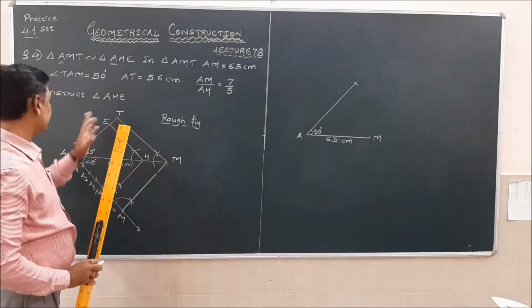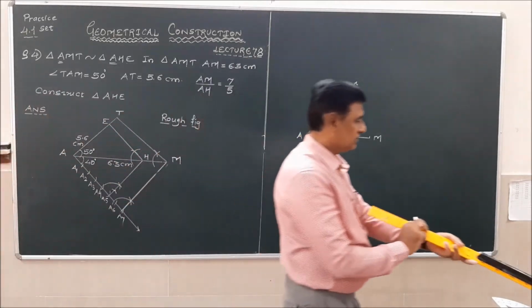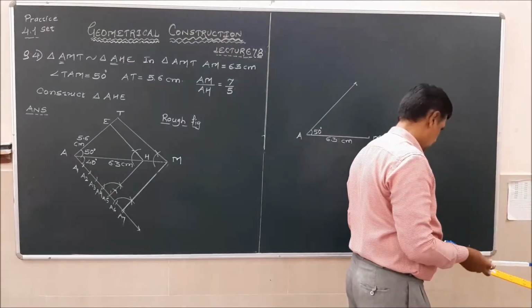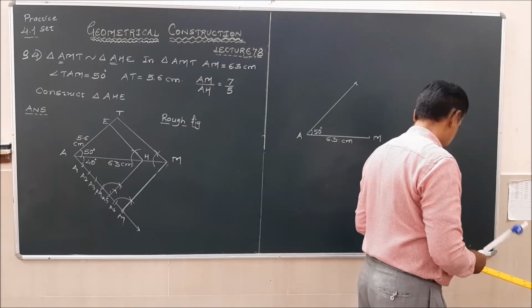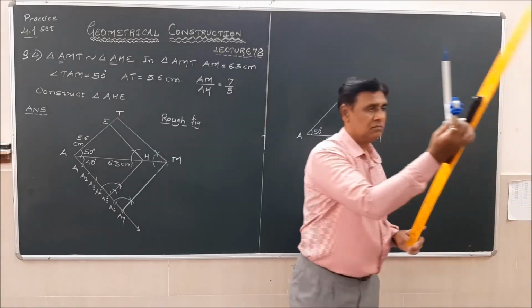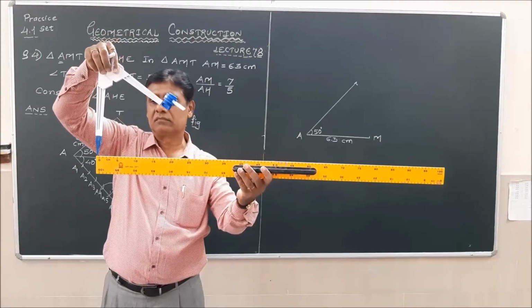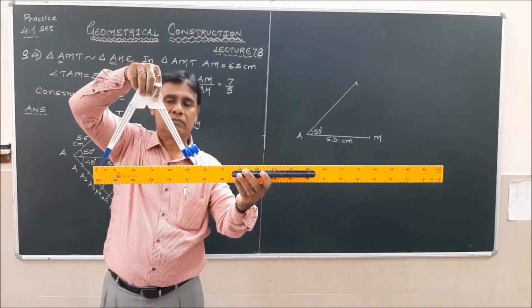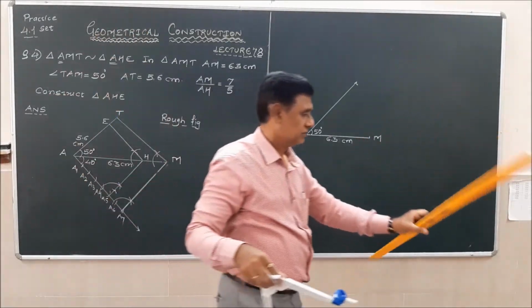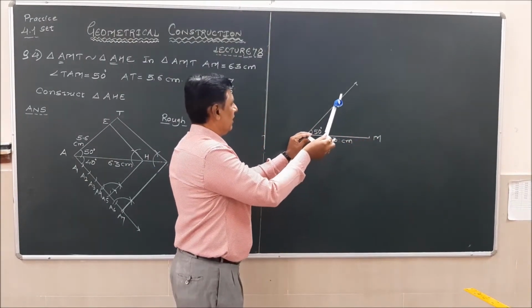Now we have to plot point T. Distance AT is 5.6. Taking the distance from 0 to 5.6, placing the metal point on A, drawing an arc.